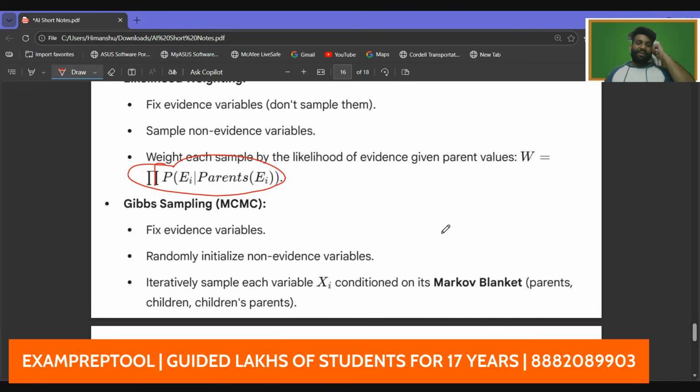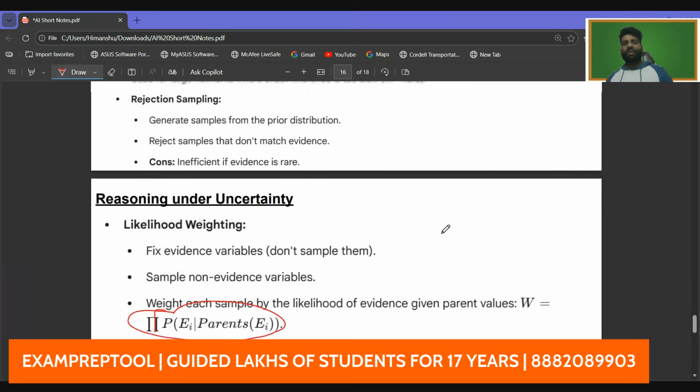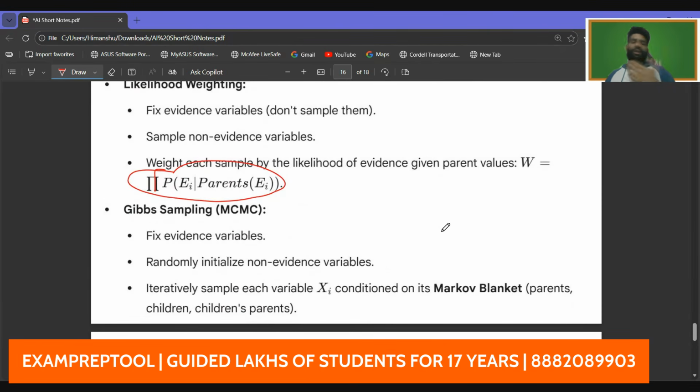Lastly, Gibbs sampling. If I talk about this one, what do we do in that? It's similar to the previous one, likelihood weighting. We fix the evidence variables. We randomly initialize the non-evidence variables. We iteratively sample each variable Xi conditioned on its Markov blanket, because there is a proper Markov chain kind of thing coming up.